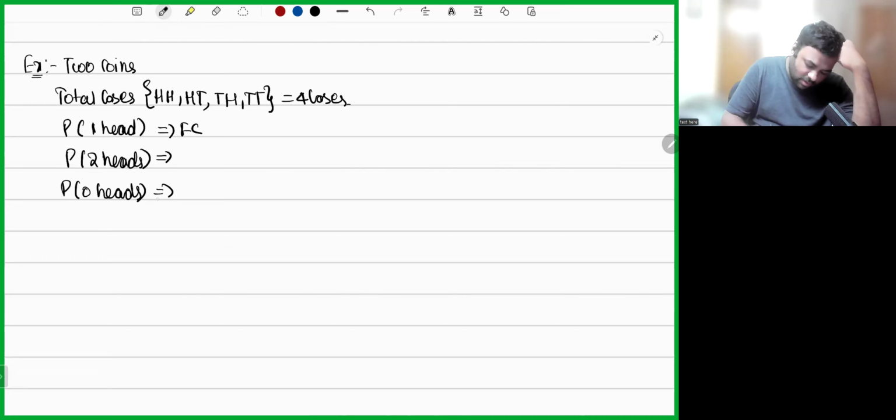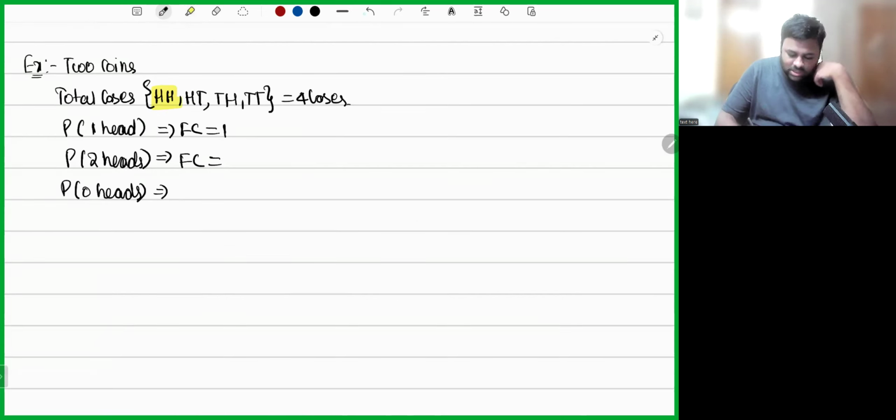In how many cases you have 1 head? These are the 2 cases where you are having 1 head. What are probability of getting 2 heads? In how many cases you are having 2 heads? Only in 1 case you are having 2 heads. In how many cases you are having 0 heads? This is the case where there are 0 heads.